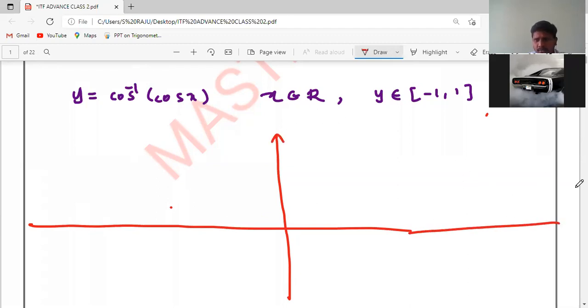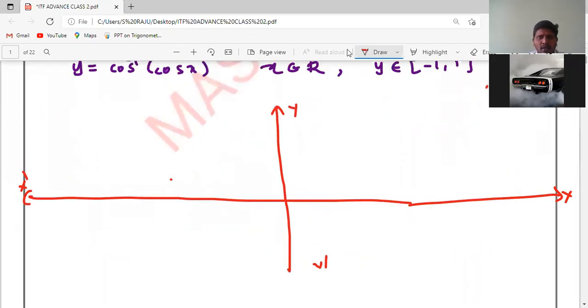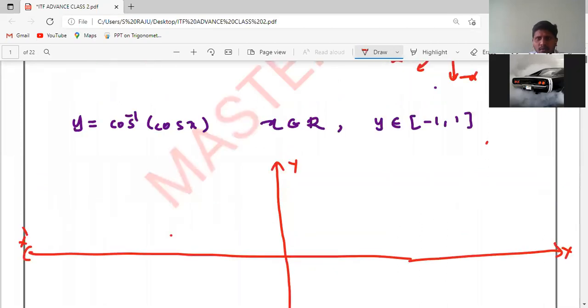Okay. Right. This is the x-axis, this is the y-axis. So here, what is the output? Here y belongs to... 0 to 5?